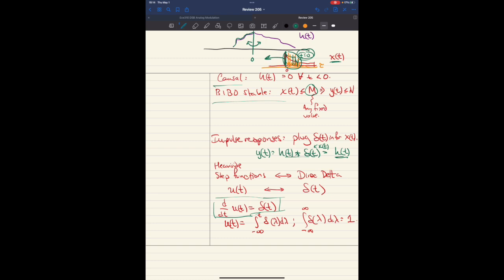If I look at the step function's derivative, it's just the Dirac delta function, and the step function is the integral of this little guy here.